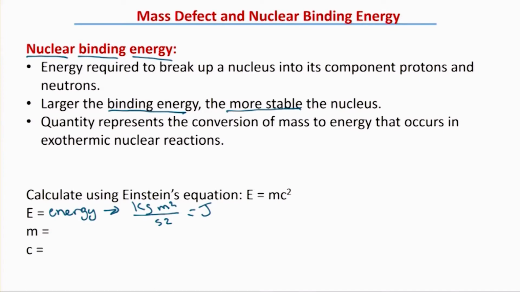Now the m here, this is called our mass defect. And this is that mass that was lost, okay? We said that all of the mass, if you added up the protons and the neutrons and the electrons, is larger than the actual mass of the nuclide.